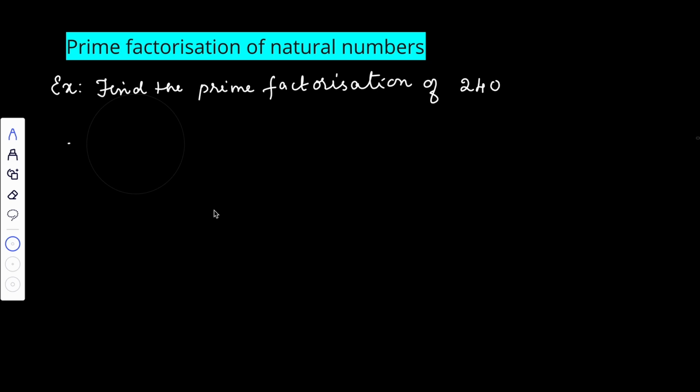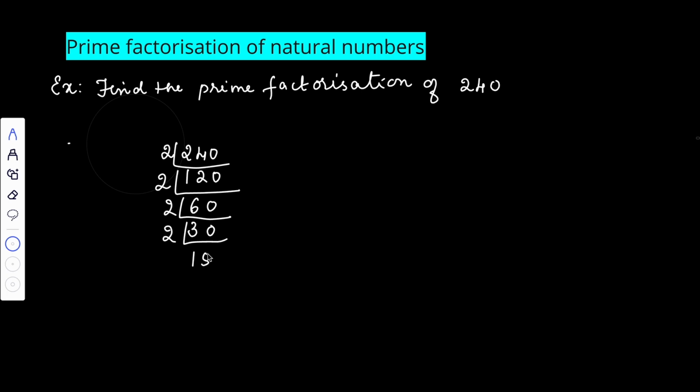We'll see how to find the prime factorization of natural numbers. I'll give an example. Find the prime factorization of 240. So 240 we can divide by 2. It is 120. 2 goes 60 times, 2 goes 30 times, 2 goes 15 times, and 3 goes 5 times, and 5 goes 1 time.